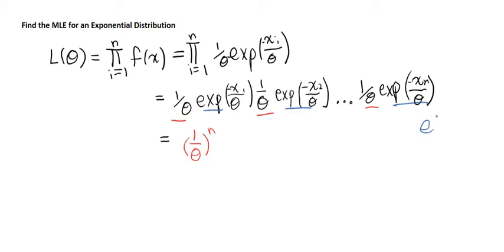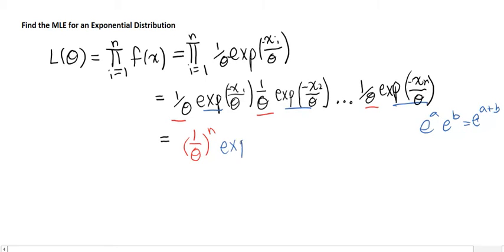We can remember our exponent rules: e to the power of a times e to the power of b equals e to the a plus b. So we can use that to simplify. We have negative 1 over theta times the summation from i equals 1 to n of xi.